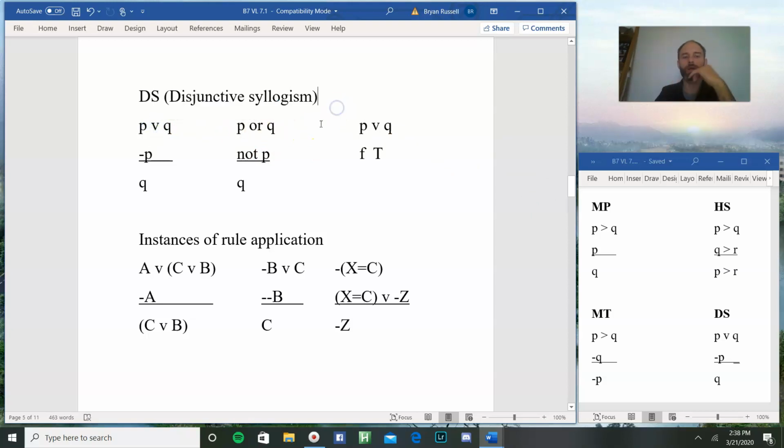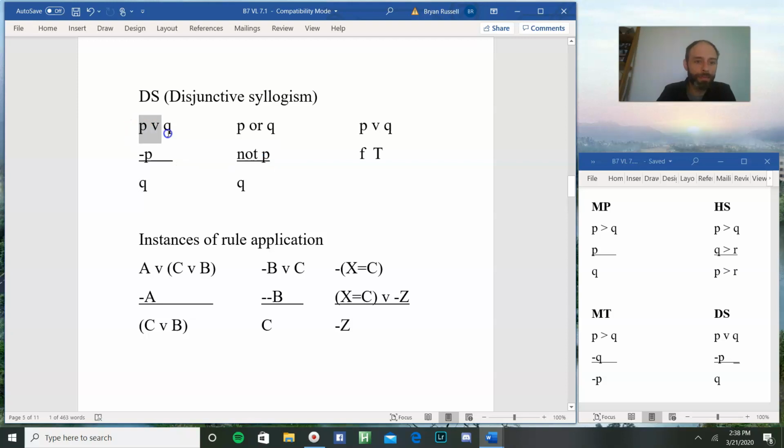So let's see what disjunctive syllogism tells us. It's pretty straightforward. So it tells us if we know P or Q, so if we know one thing or something else is true, and if we know that P is not true, then we know that Q has to be true.